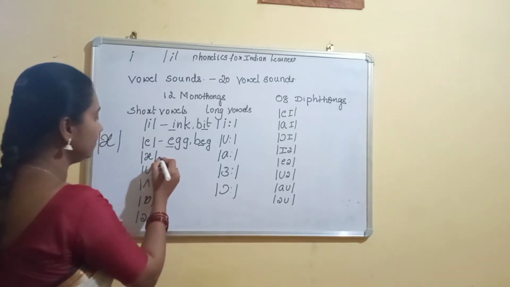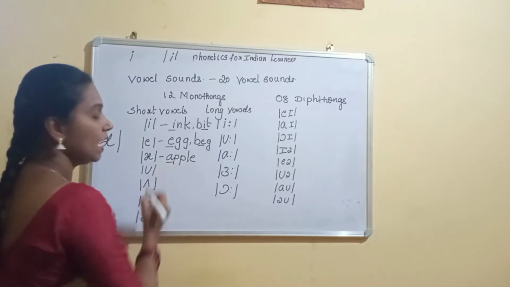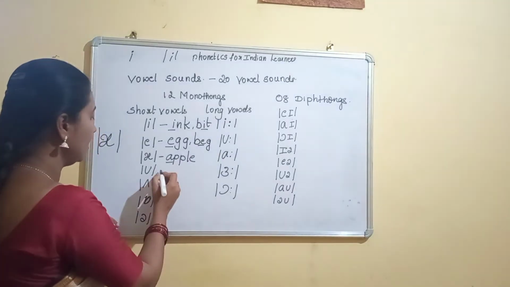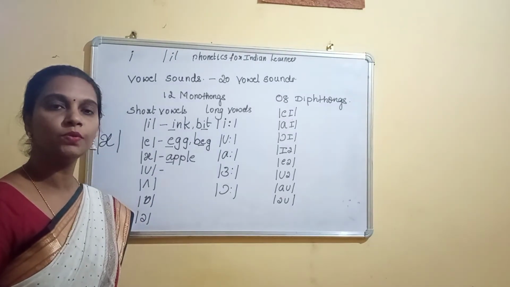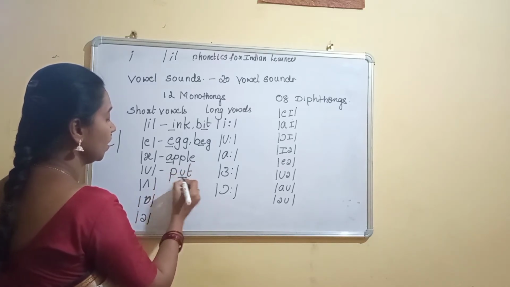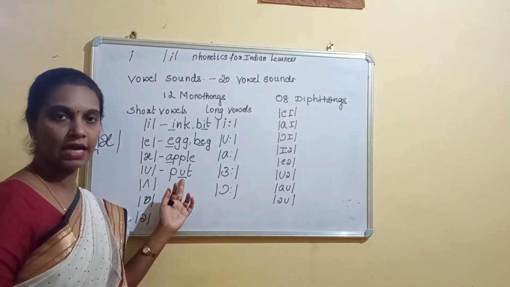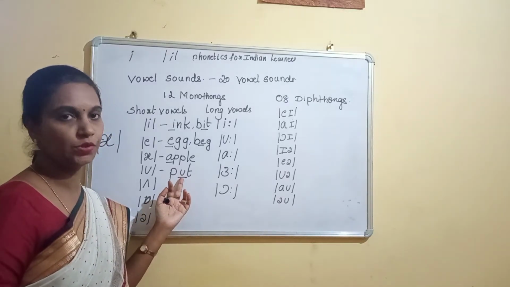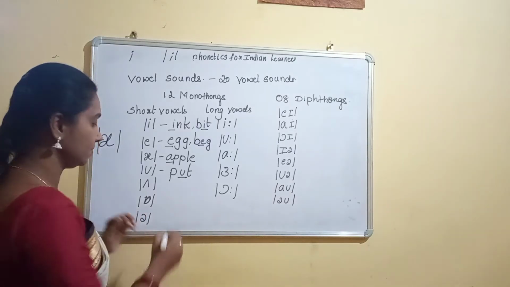For example, apple. And this is the sound oo. The word is put. In this word, the sound occurs in the medial position. And the next sound is a.